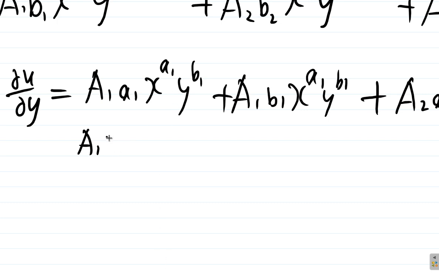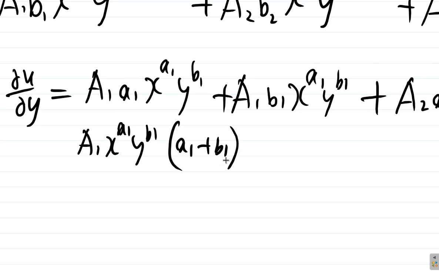That's not a common factor, it's a1 x to the a1 y to the b1, open bracket, then we have a1 plus b1. You see that common factor there? We factorize, right? Those are common factors, a1 x to the a1 y to the b1, we factor those out, and then a1 plus b1 in bracket, alright?